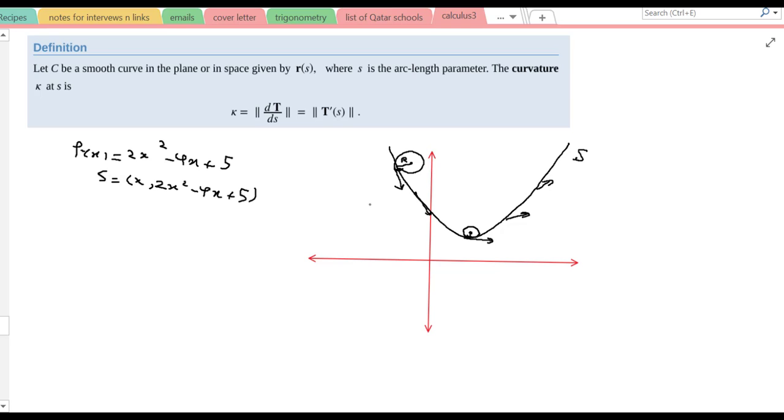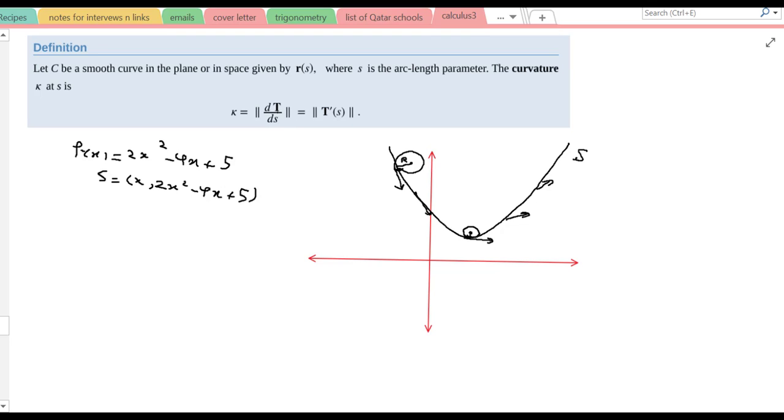It is parameterized in terms of the arc length of this curve, and kappa has to be defined in terms of this function.